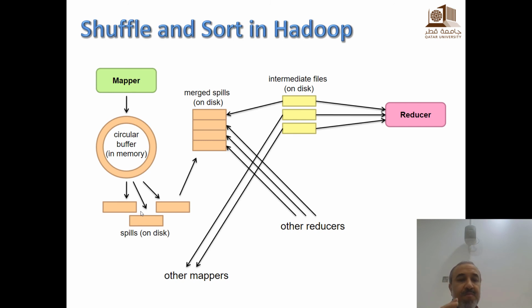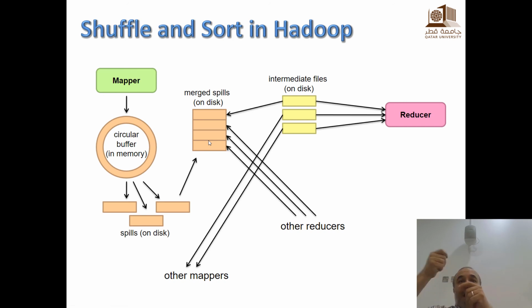Now, these parts of the intermediate output will have to be prepared to go to the reducers. So we have to sort them, okay? And each of these partitions, we have to sort into partitions by keys. You remember the partition function?